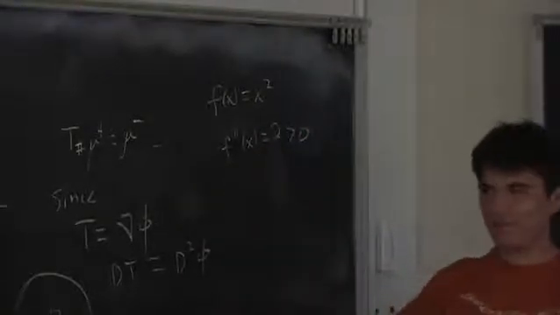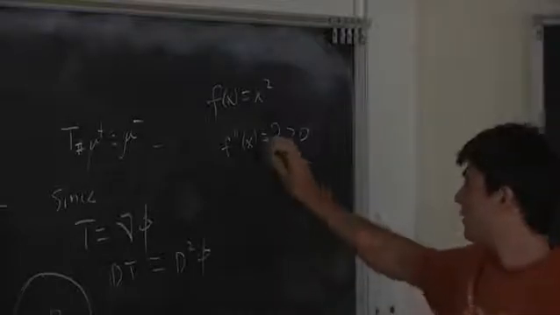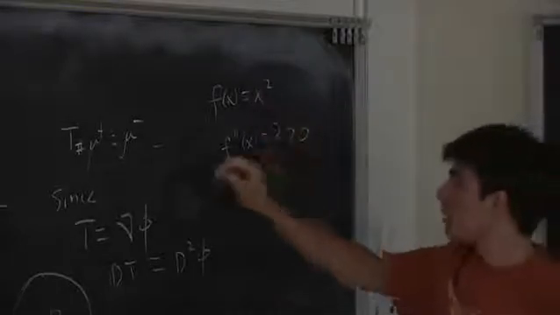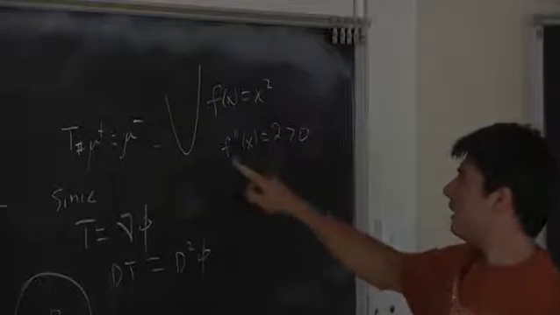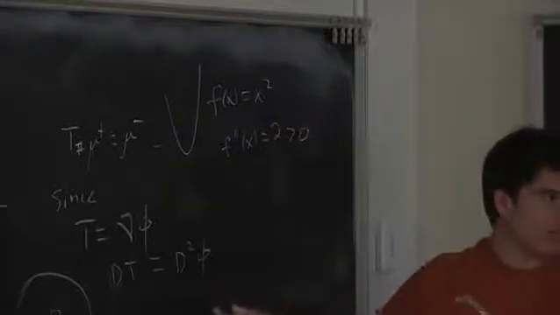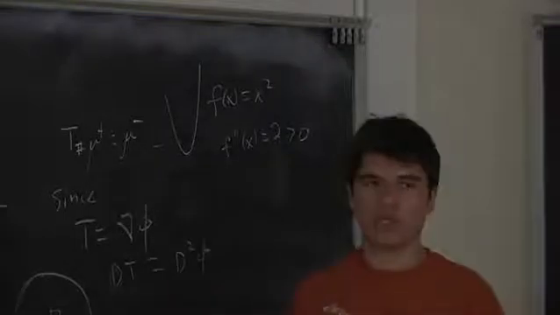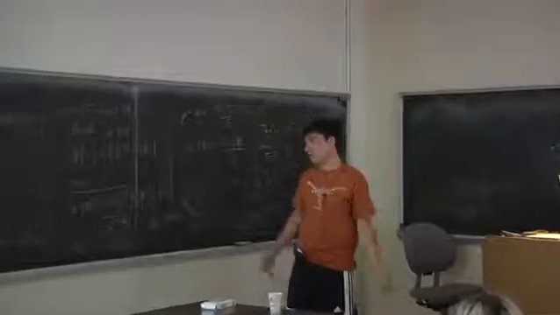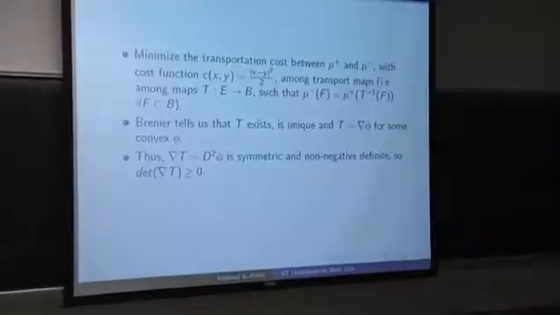The determinant of a number is just the number. And you see if it's convex, so if it looks like this, then the determinant is, in this case, positive. But in higher dimensions, you can prove that it's non-negative if the function is convex.